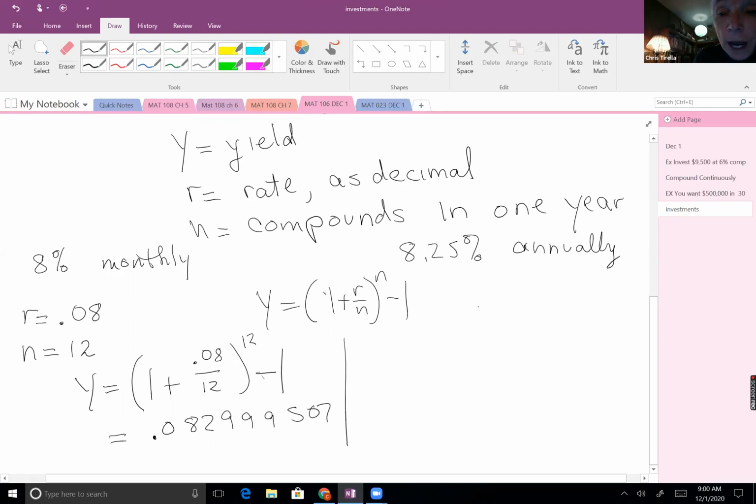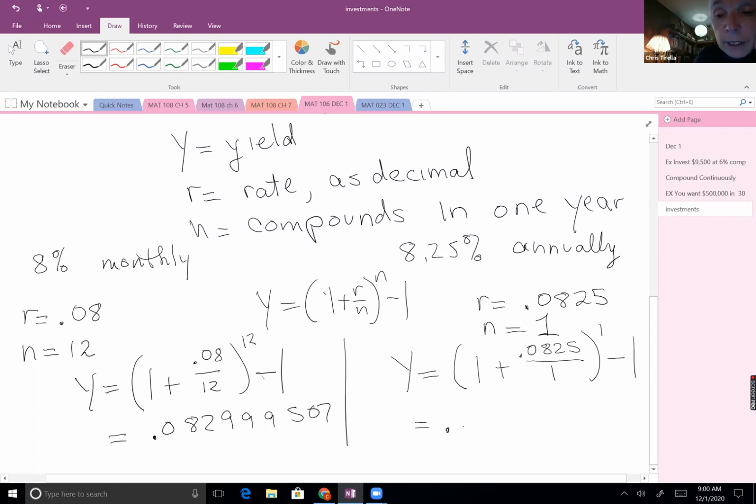Now on the other side, my rate as a decimal is 0.0825. And if I'm compounding annually, it's once a year. So that gives me y equals parentheses 1 plus 0.0825 divided by 1, raised to the first, minus 1.